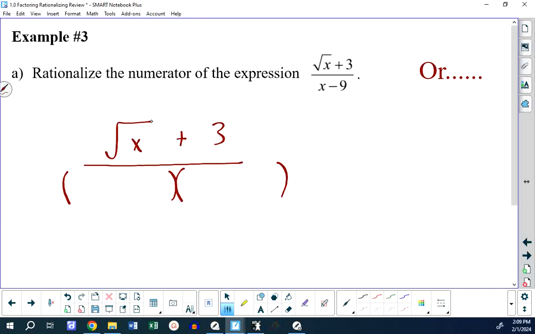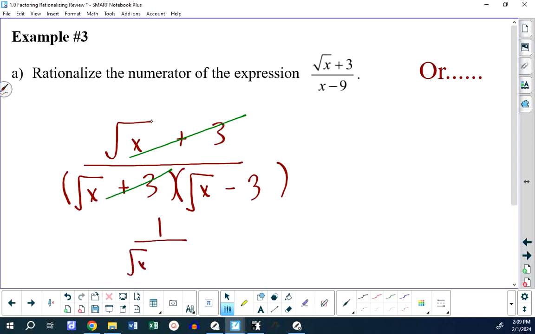X is the perfect square of root x, plus or minus. 9 is the perfect square of 3. Now, you're not always going to notice that, and it's not always going to work. But in this case, it does, nice and cleanly. You're left with 1 over root x minus 3.